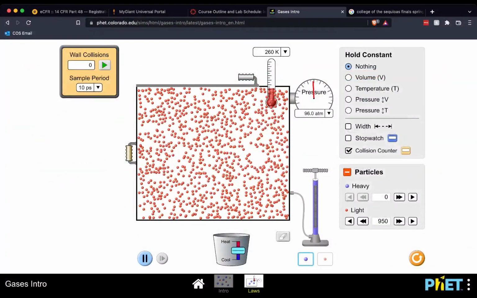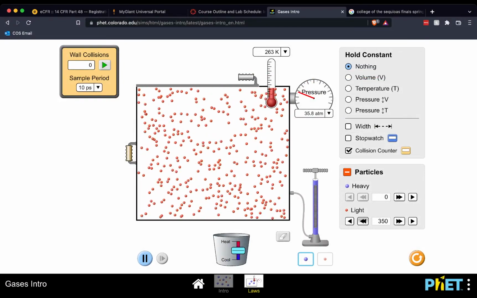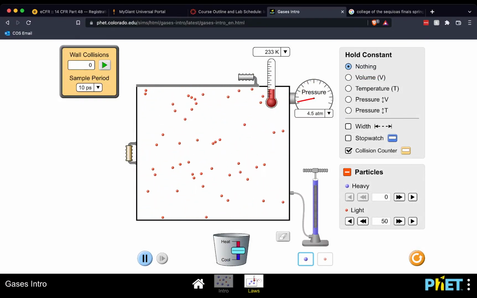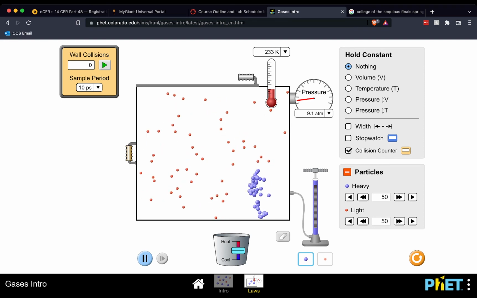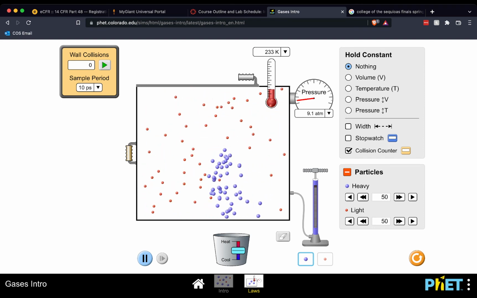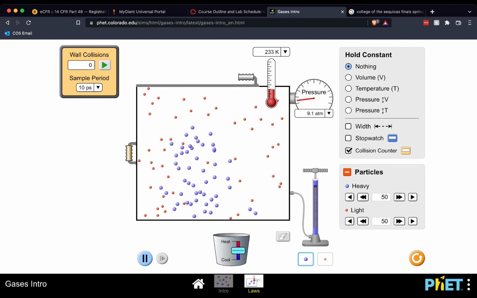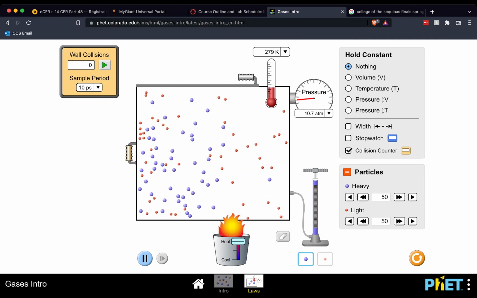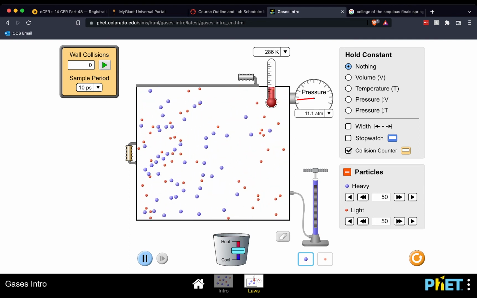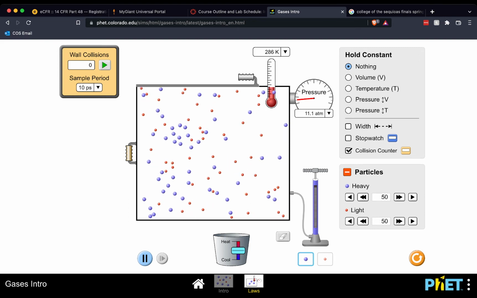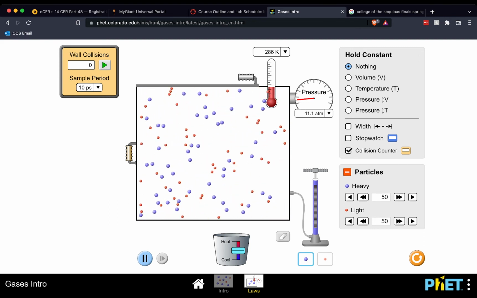Especially on this one, we can take out a bunch of these light particles. So we can throw heavy particles in here too. The heavier particles move slower, especially if the temperature is a little cold. But they're not really interacting in any special way with the light particles. We could have a medium particle, an even lighter particle.